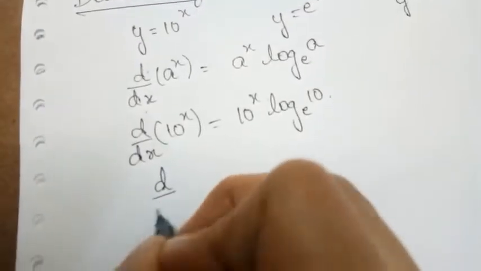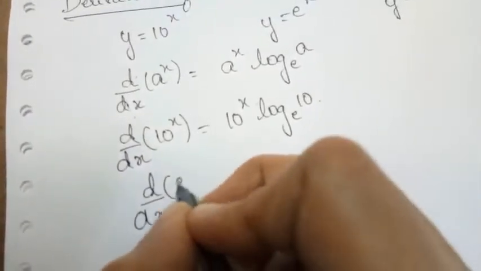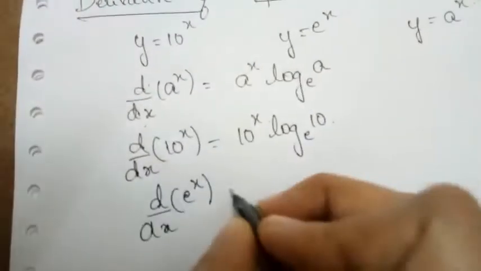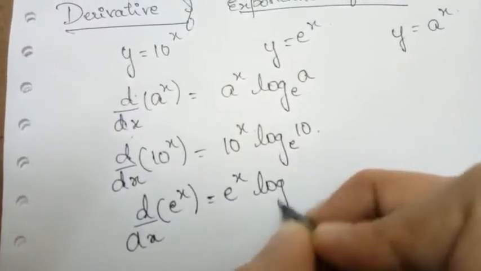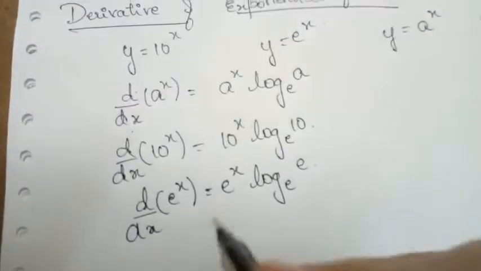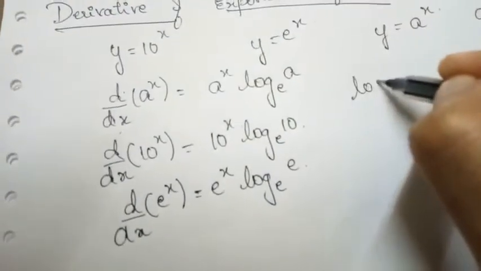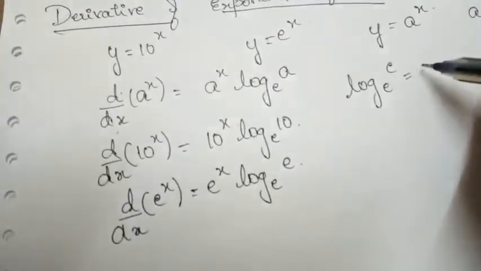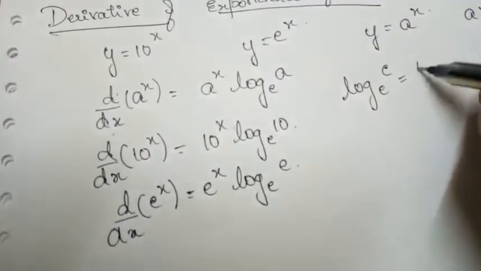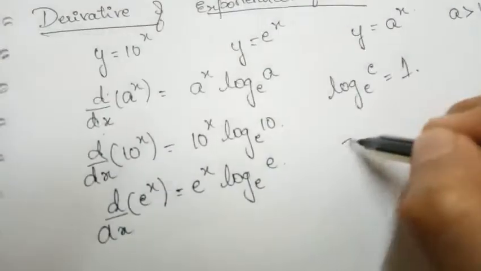Now let us see what is the derivative of e power x. It will be e power x log e of e. So we know that log e of e is equal to 1. What does this imply?